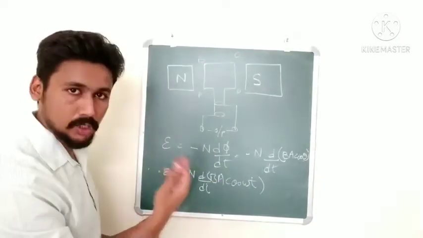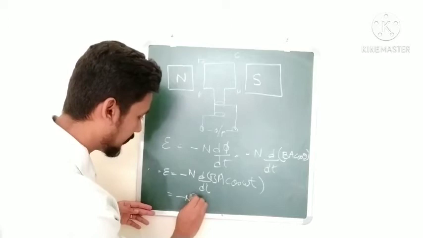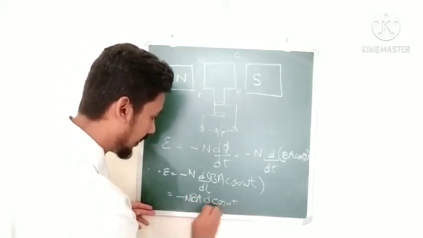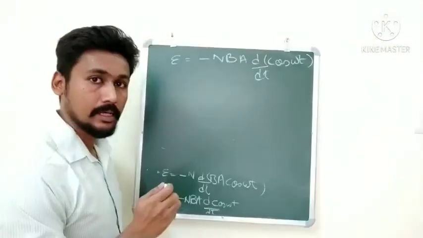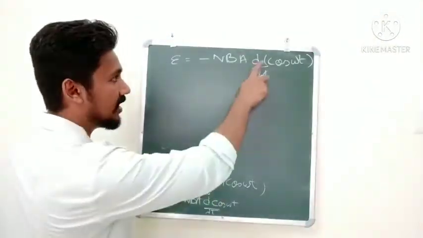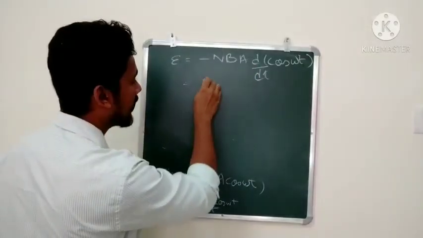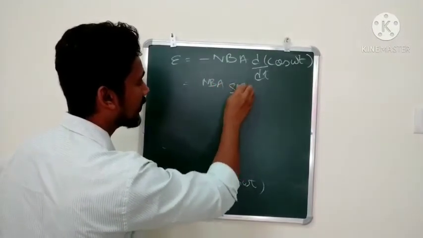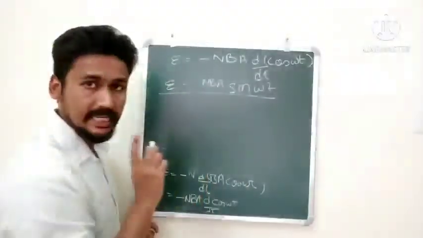Now B and A are again constants, so you will get this as minus NBA d(cos omega t) by dt. Now we know that the derivative of cos theta is minus sin theta, so we will get this as NBA sin omega t. This relation gives the EMF.